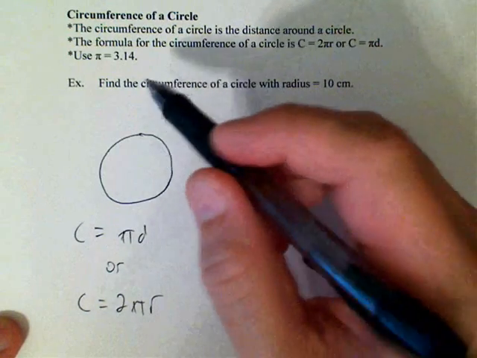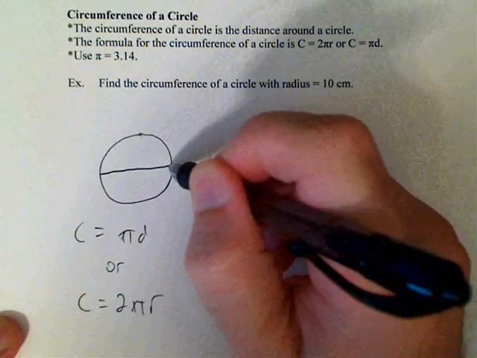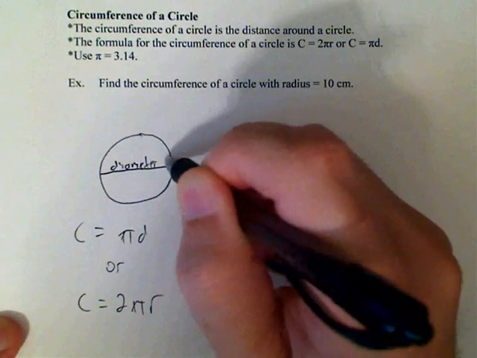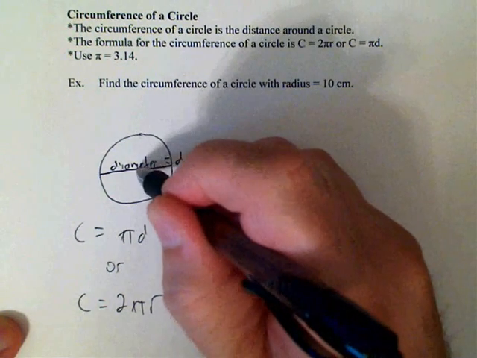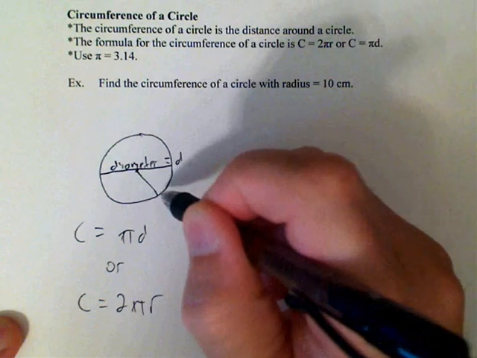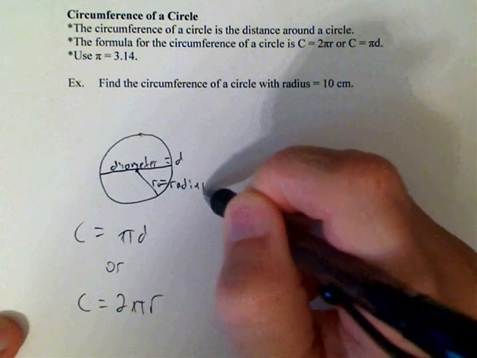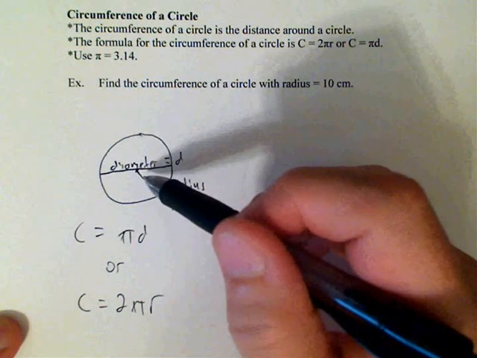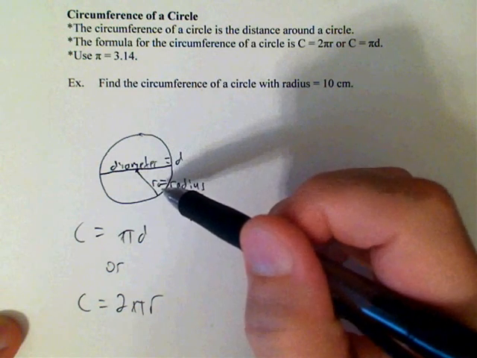If you look at the circle, if you go straight across the circle, that distance is called the diameter. We'll use d to represent that. R is halfway across the circle. That's the radius. The radius is the distance from the center of the circle to the outside edge, and what makes a circle a circle is that the radius is the same all the way around.